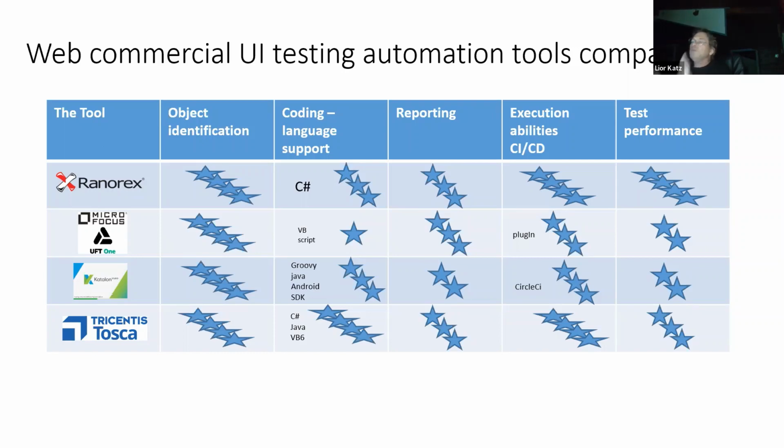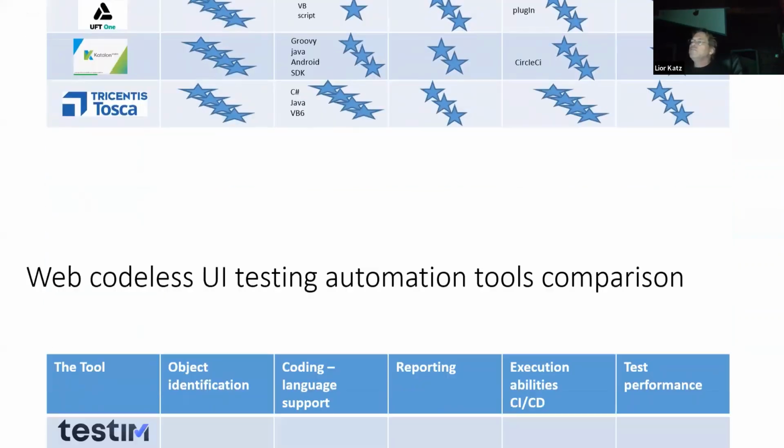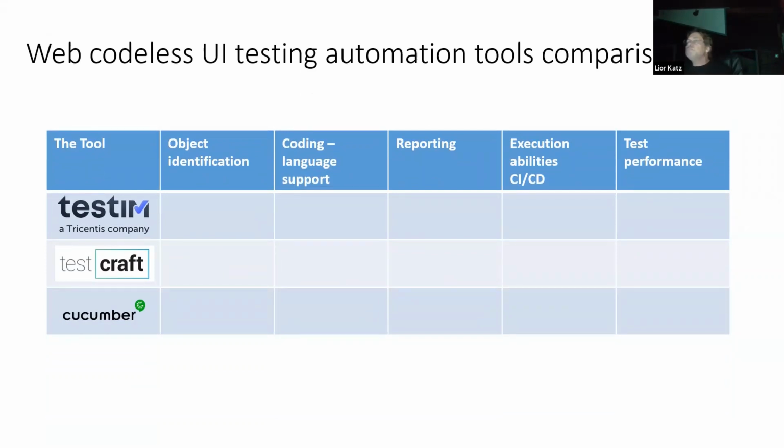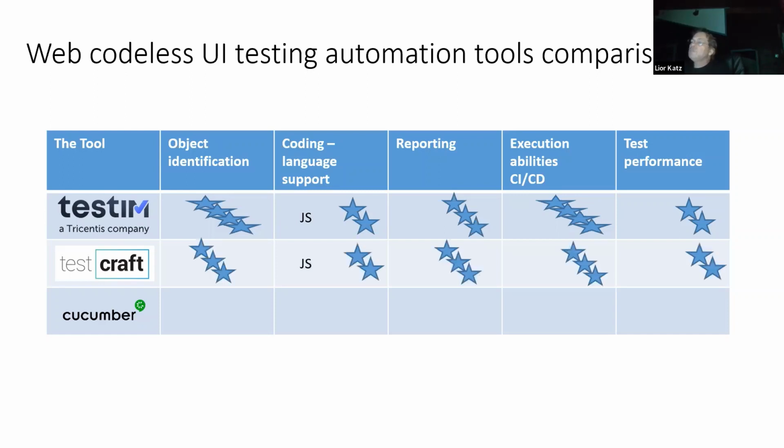But I recommend you look at Tricentis if you're looking at commercial tools for web. And we spoke about codeless. So Testim.io, as I said a minute ago, was bought by Tricentis. And Testim.io has a machine learning engine inside of it, and it's a very, very interesting solution. Again, if you're looking for a codeless or low-code solution for your web application, I deeply recommend you look at the Testim.io solution.